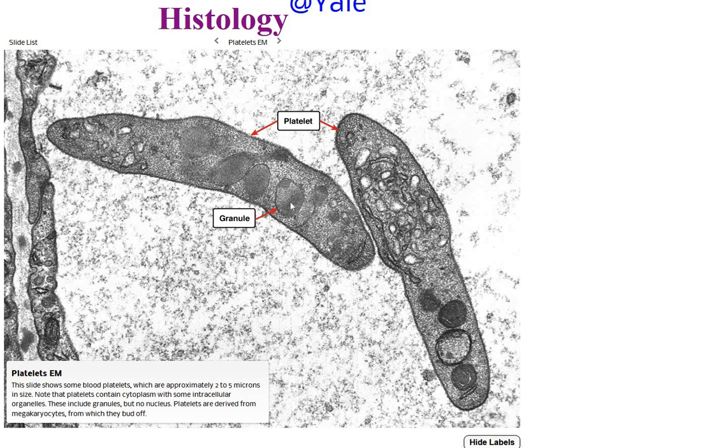These are very, very small. So the platelet is taken up mostly by these granules, these round structures here. And they do have a cytoplasm, they do have some organelles, but we're not going to spend too much time on those. They don't have a nucleus. So platelets do not have a nucleus, and mature red blood cells do not have a nucleus.